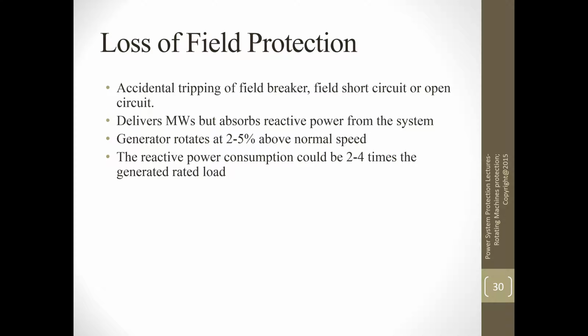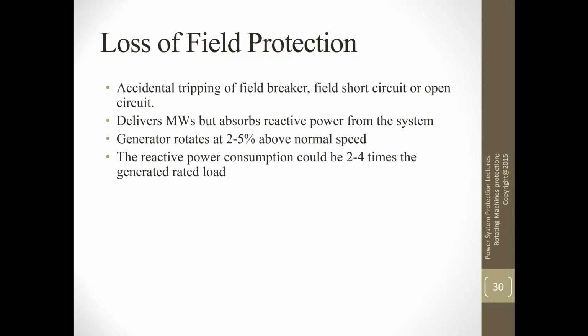Loss of field protection: accidental opening of the field breaker results in the machine, which is connected to the system, consuming a lot of reactive power. As I mentioned before, the prime mover provides the megawatt output, and the steam input provides the megawatt input if steam is one of the inputs for the prime mover.